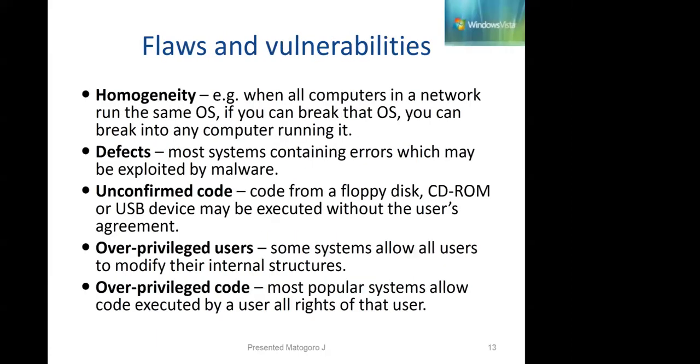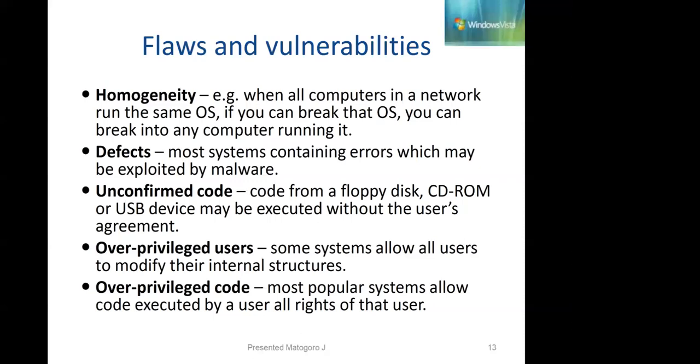So another section that I would appreciate to cover today is on the flaws and the vulnerabilities. So we know we have homogeneity, e.g. when all computers in a network run on the same operating system.